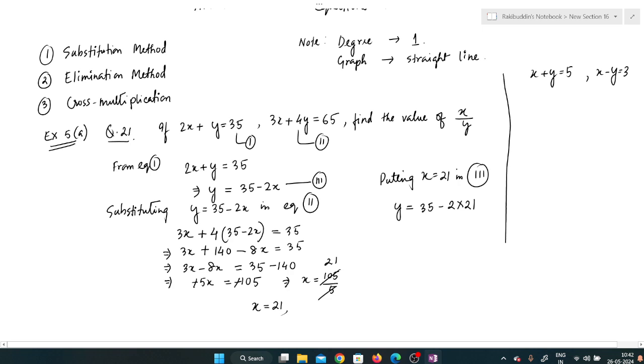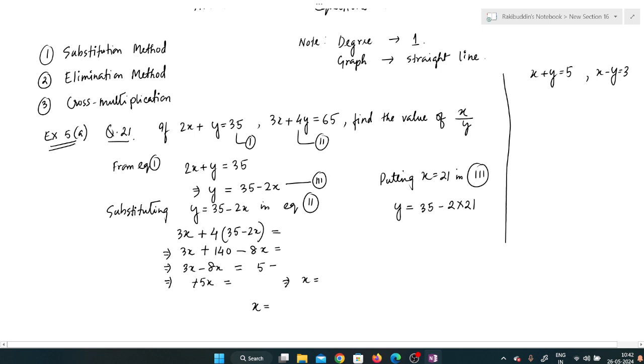Y equals to 35 minus 2x. Yes, this was the value. The question, it was 65 when it was written here, not 35. So we need to change the values a little bit.